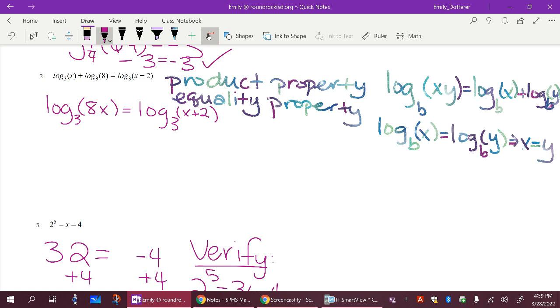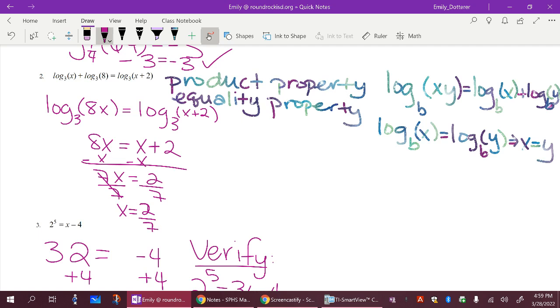So since the log base 3 of 8x equals the log base 3 of x plus 2, that means that 8x equals x plus 2. So now we're going to solve for x. And we get 2 over 7.